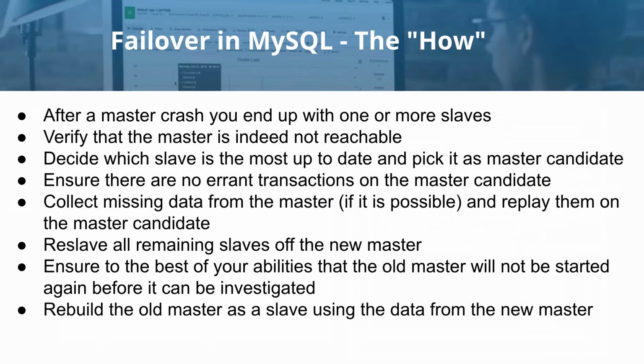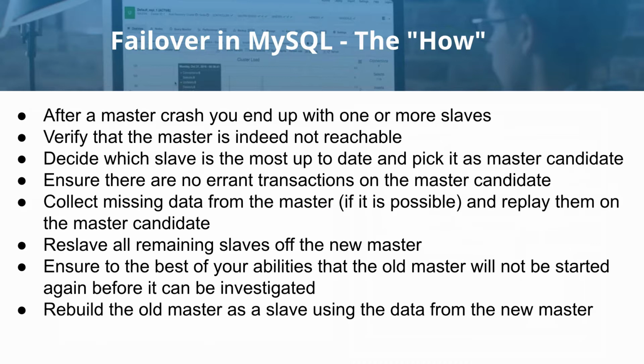Now the question is, how shall MySQL process the failover? So here's a list of how the process of failover can proceed. After a master crash, you end up with one or more slaves. Then after the master is indeed not reachable, decide which slave is the most up-to-date and pick it as a master candidate. Ensure that there are no errant transactions on the master candidate. Collect missing data from the master if it is possible and replay them to the master candidate, or do a PITR as an additional step.